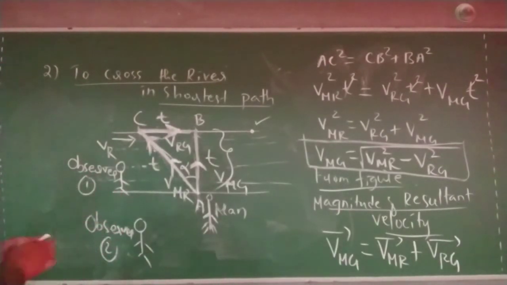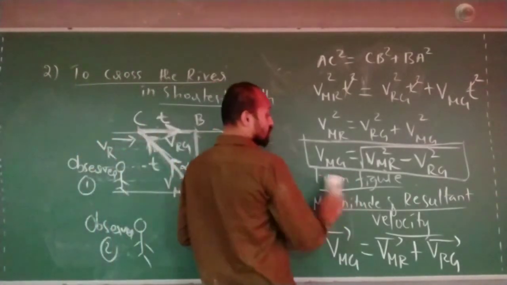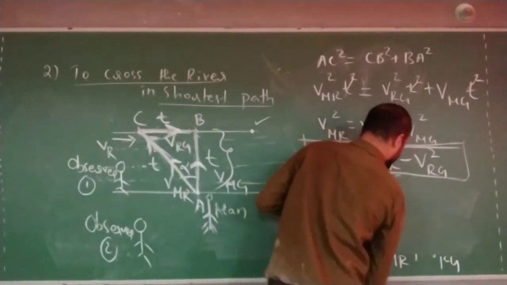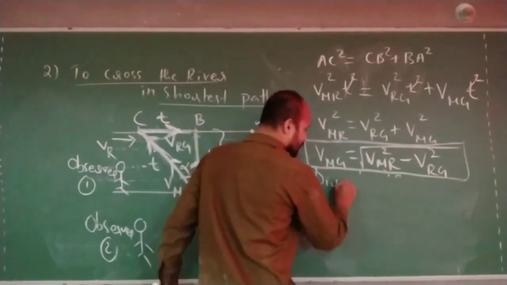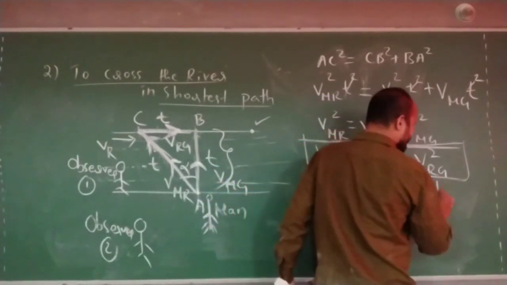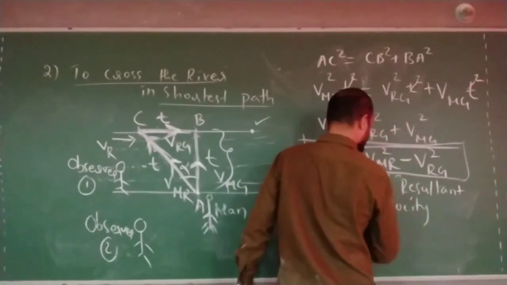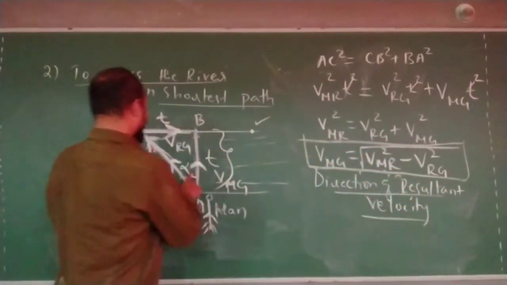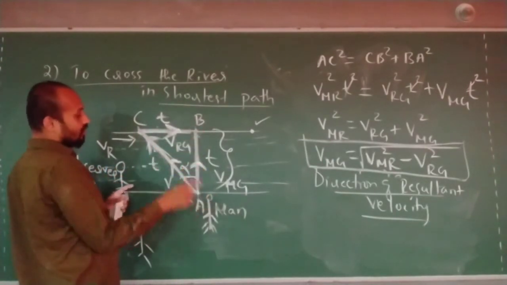Can you find direction? See, if you find alpha, you are finding the direction of resultant velocity. What is this? This is the magnitude of resultant velocity. Direction of resultant velocity. What is the direction? Direction you want to give in terms of resultant or these two, it depends.